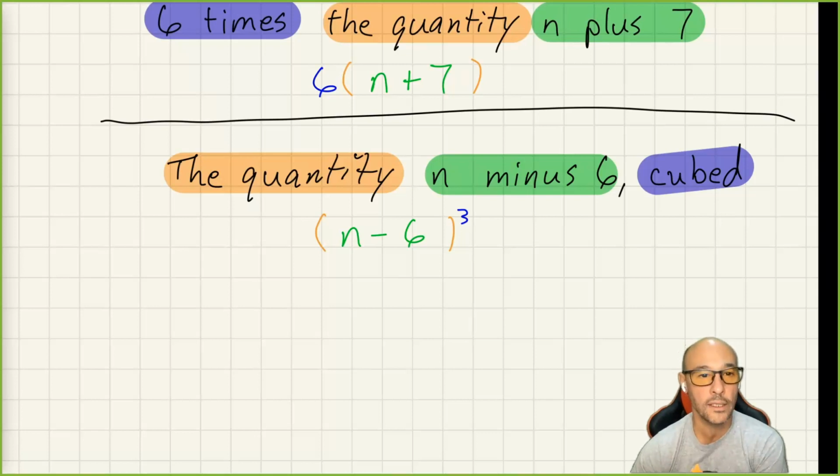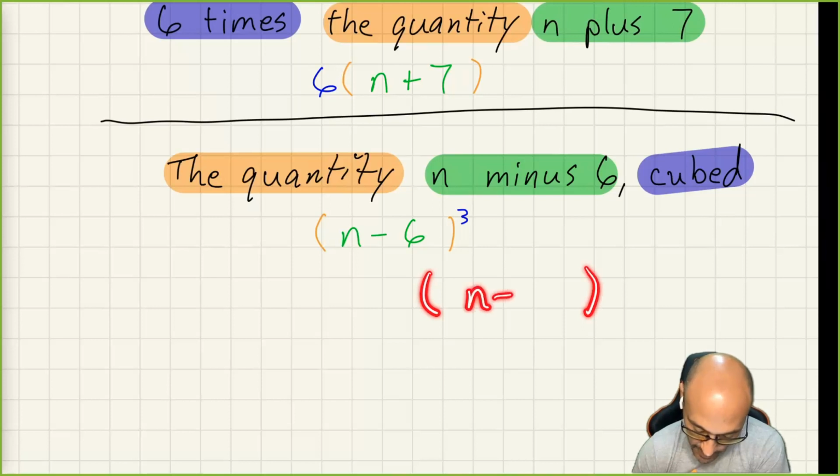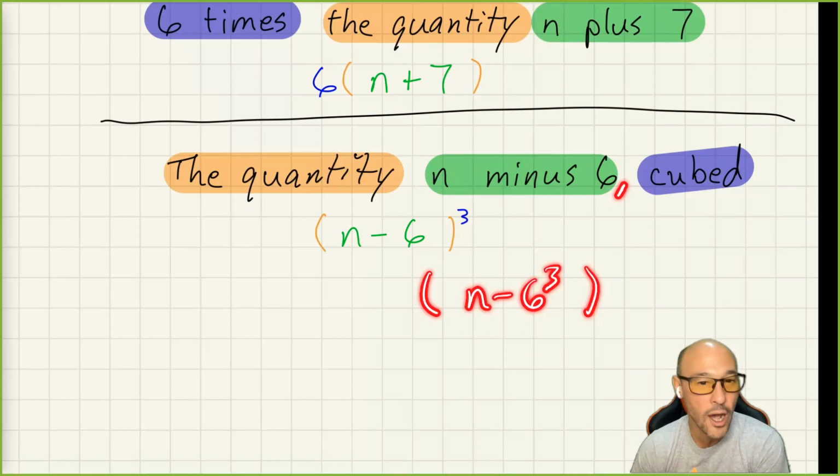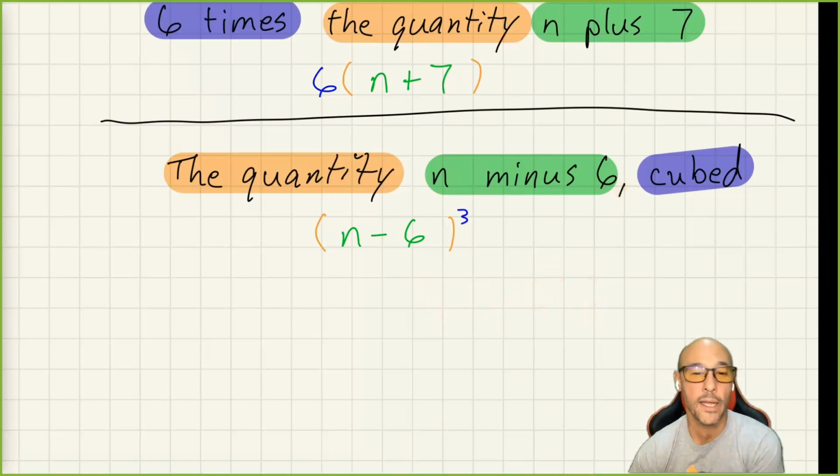That is the quantity n minus 6, cubed. That's the way I would read it, with a pause before cubed, because if I said the quantity n minus 6 cubed without the pause, it might look like this. That's why I say use a comma here, but in the curriculum it doesn't have it. So do be on the lookout for that. If that causes you difficulties, let me know.